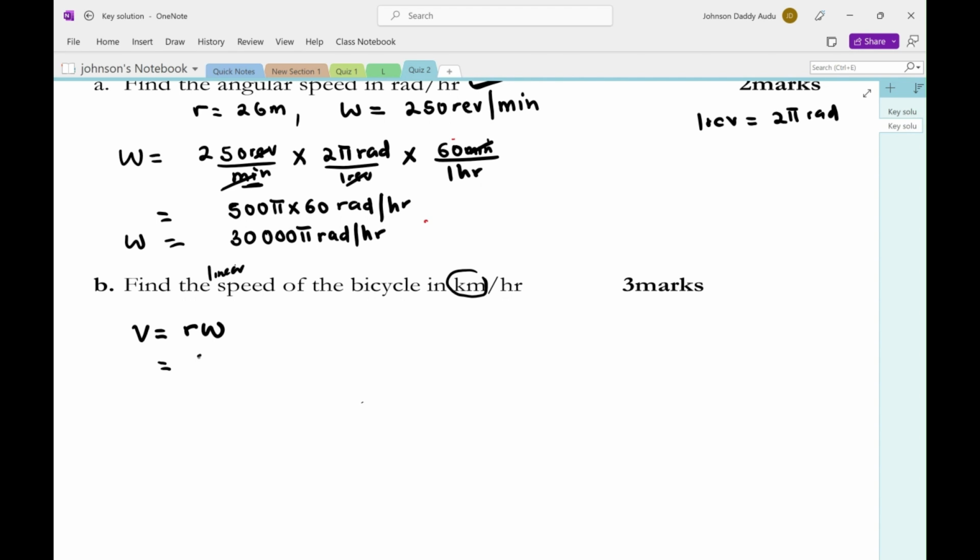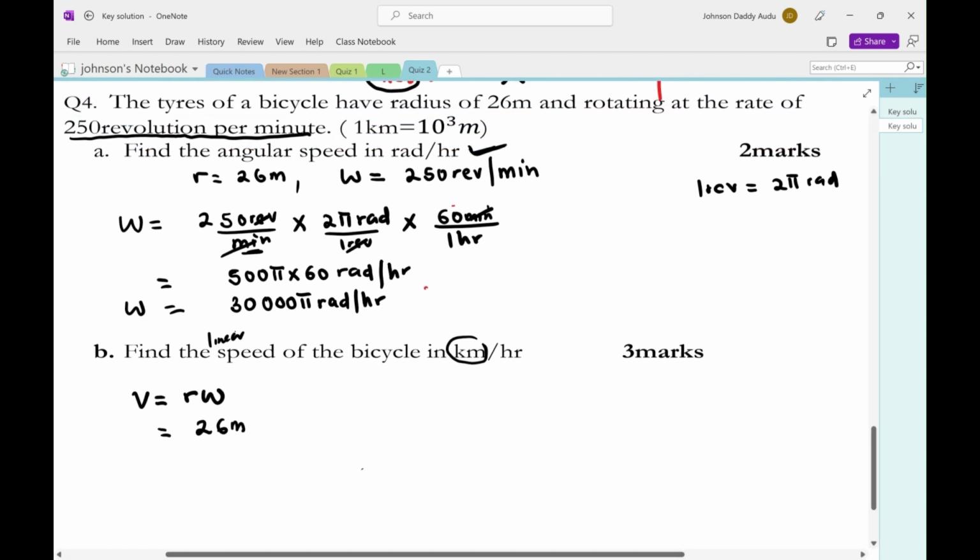So this is going to be 26, but remember this 26 is in meters, and we're given a conversion factor that 1 kilometer is 10 to the power 3 meters. So it means we have to multiply this by 1 kilometer, which is equivalent to 10 to the power 3 meters.